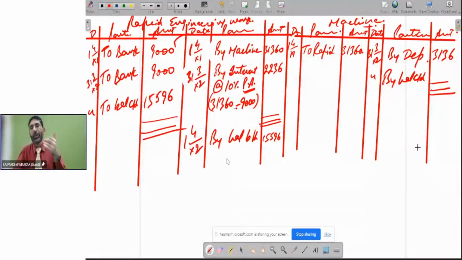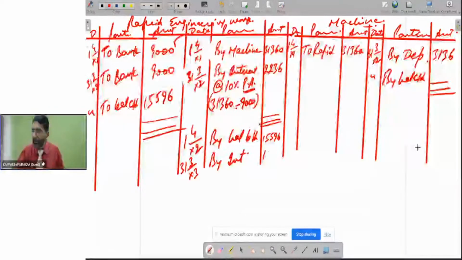As we know, whatever interest is to be charged, it will be on the opening balance. So by interest that is charged on 31st of March 2013, it will be 1,560. Now installment is not paid on this date. He says we are not paying the installment.